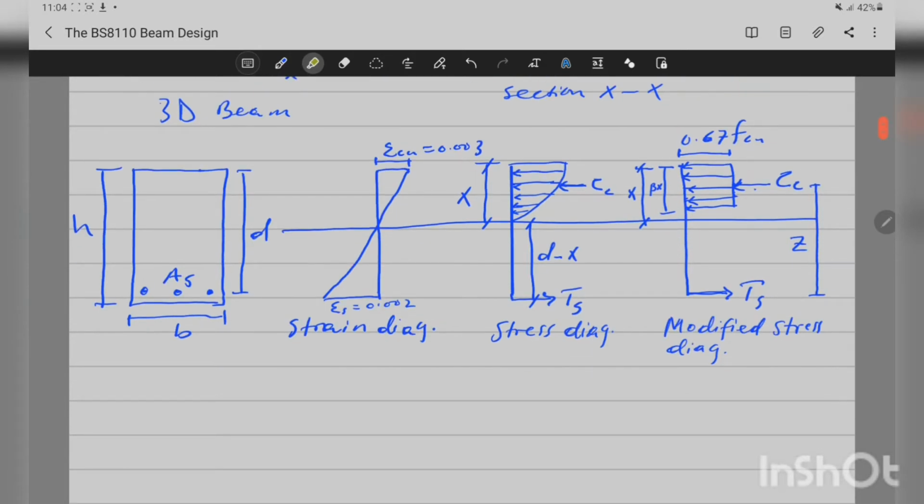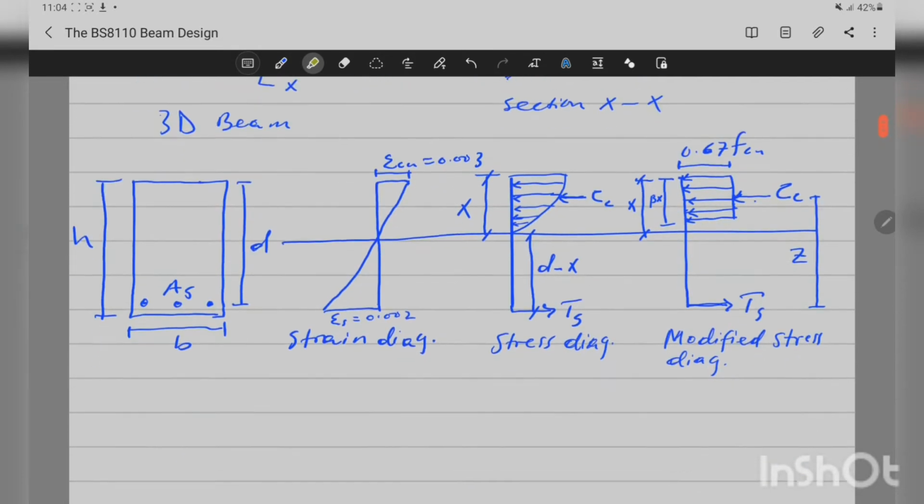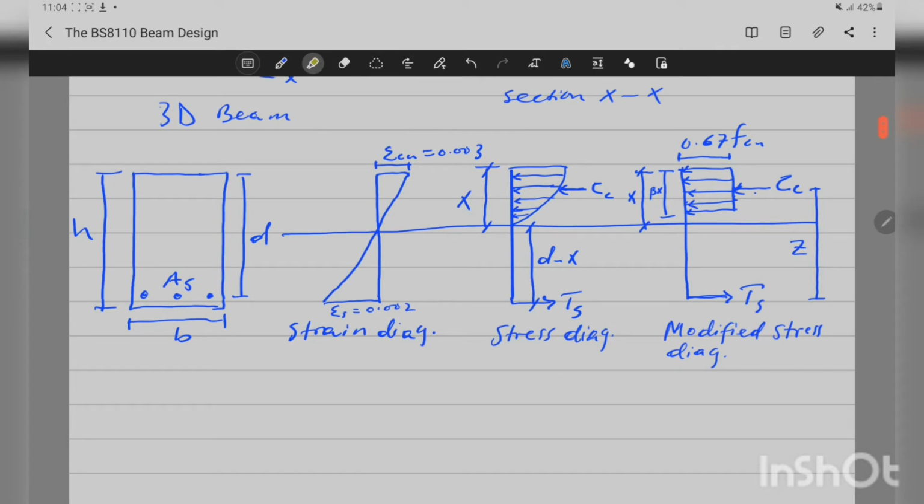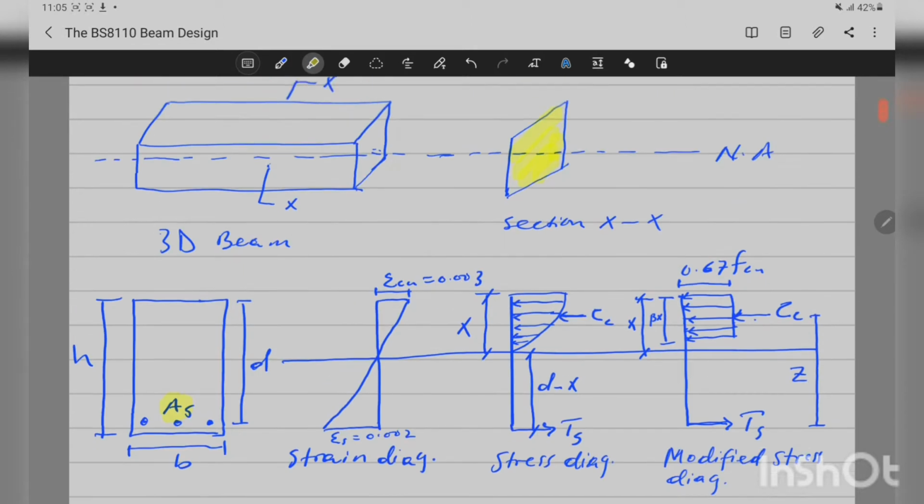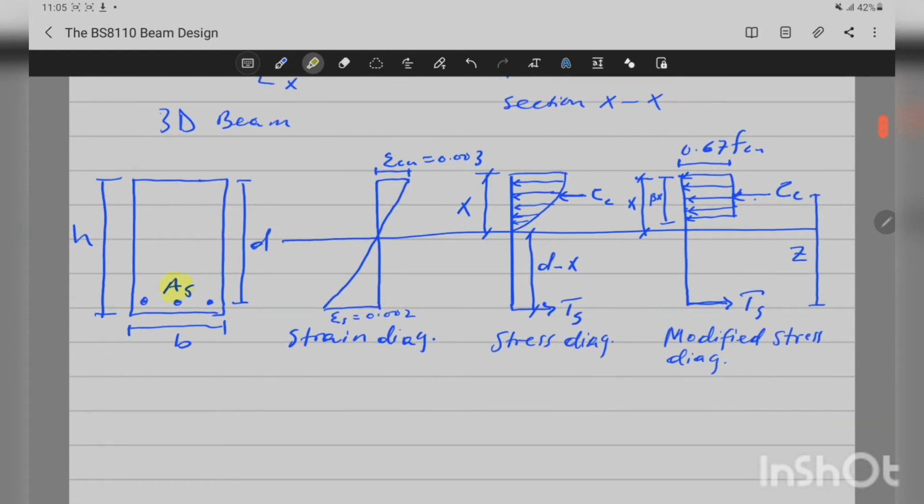So this section XX can also be drawn as here. If we have reinforcement, area AS, we can see that the neutral axis is somewhere here, which is denoted by NA. Above the neutral axis we have maximum strain.